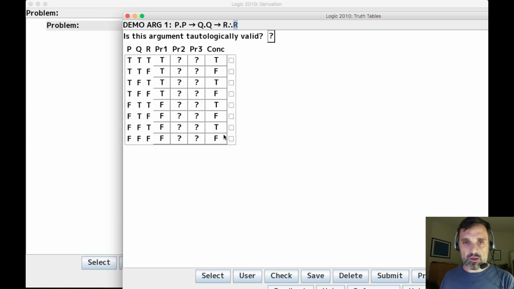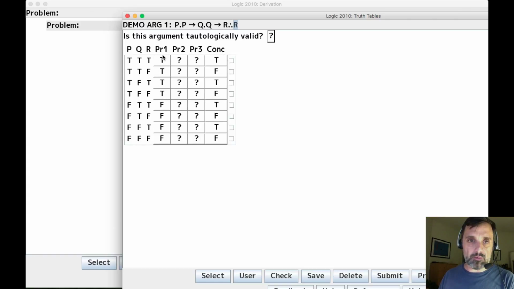So we already know that these four rows are not counterexample rows, because on each of them there's at least one false premise. And so we're done with those rows. We don't need to fill in these question marks. We know that at least one of the premises is false. No problem. So now we only need to worry about the top four rows.